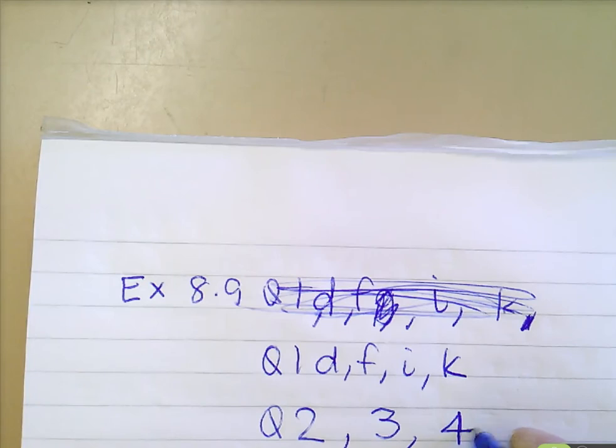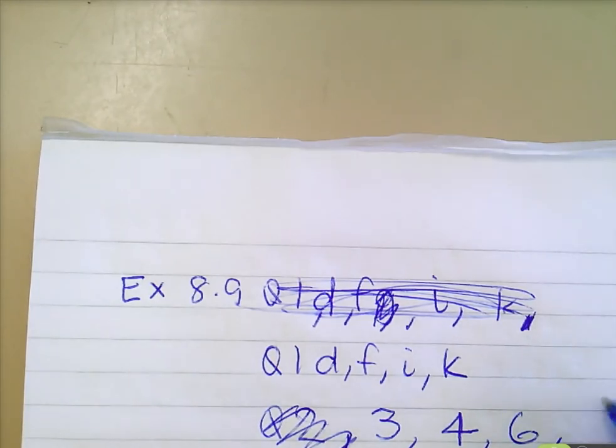You know what? Don't do 2. Do 3, 4, 6. Yeah, 6 to 9. So it's 1 D, F, I, K, and then 3, 4, and 6 through to 9. Okay? That's it. Tomorrow is quotient rule.